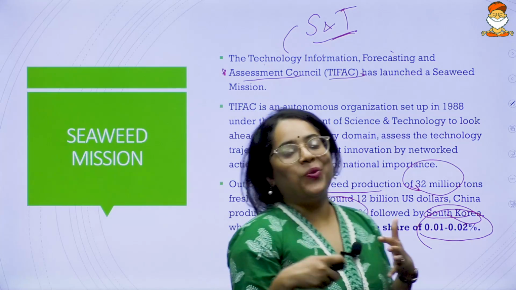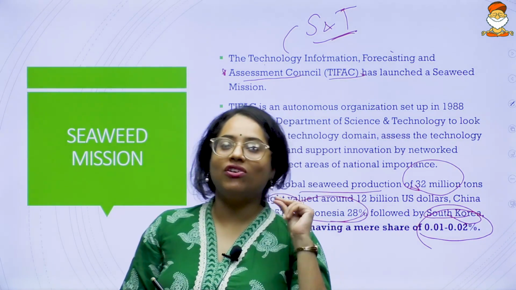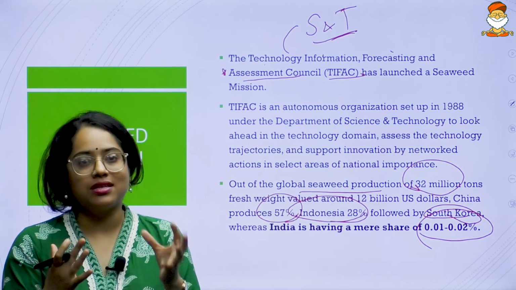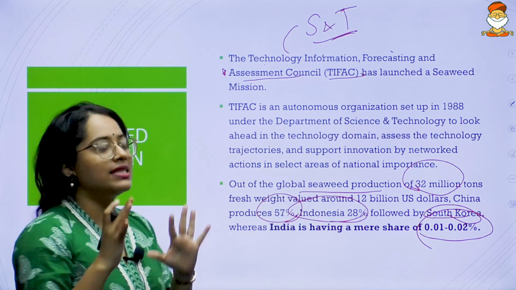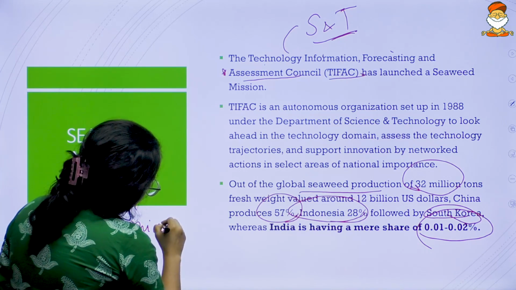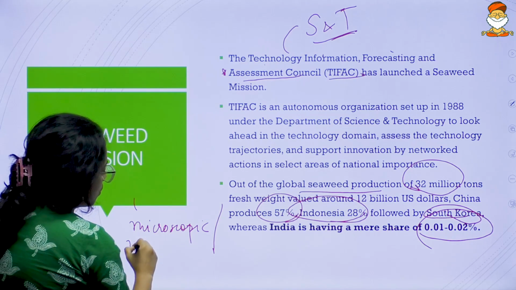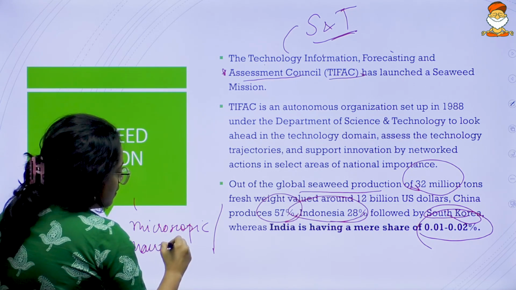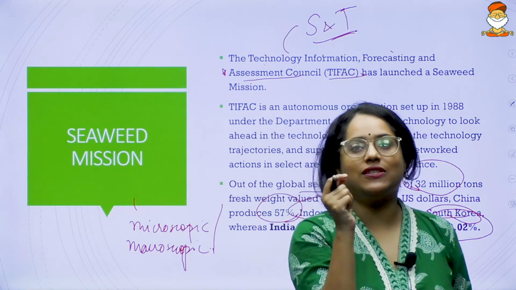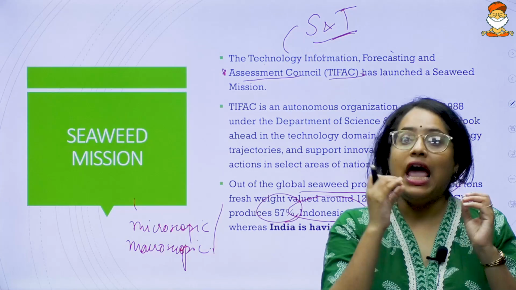Since we are going to be involved in seaweed cultivation, let's have a quick scientific or biological overview of this species. Seaweeds can be microscopic or macroscopic in nature. That means extremely tiny species like phytoplankton belong to the category of seaweeds.